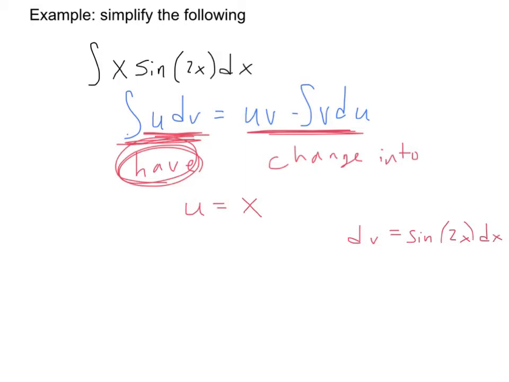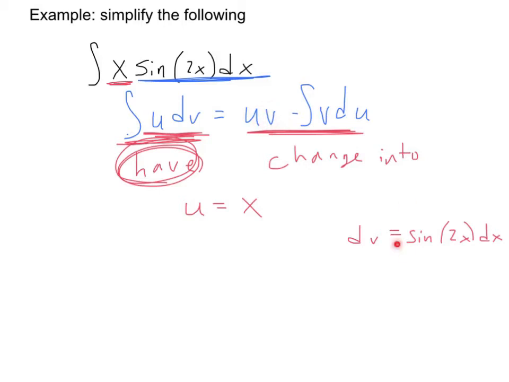Once you have chosen your u and your dv, notice that the entire integrand is made up of those two things. So now you take the derivative of the u and the integral of the dv, because in order to change it into this, I need to know what du is, so I need to have taken the derivative, and I need to know what v is.